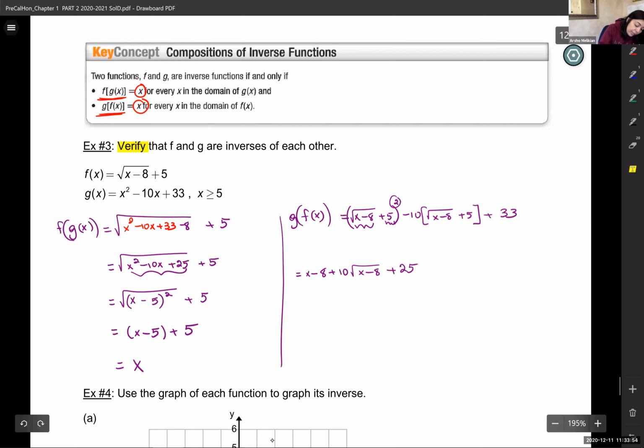Okay, next, distribute the minus 10: minus 10 root x minus 8, minus 50, plus 33.